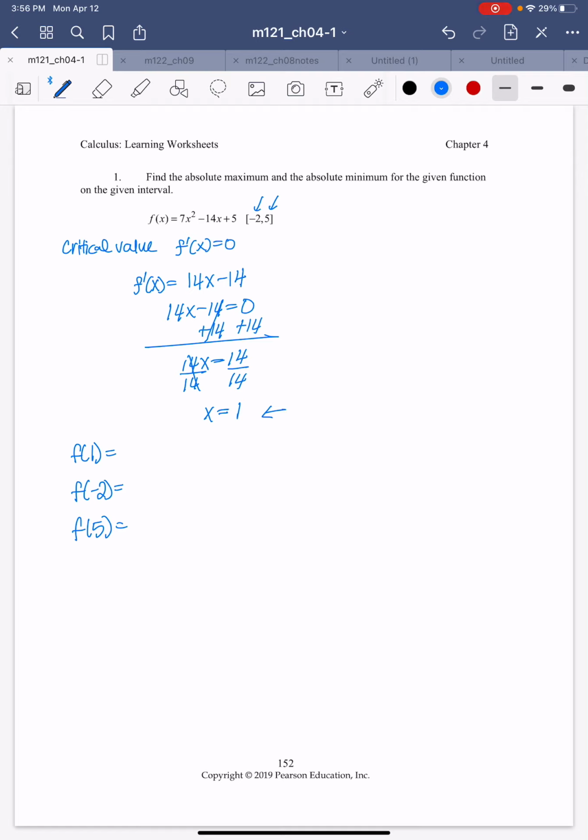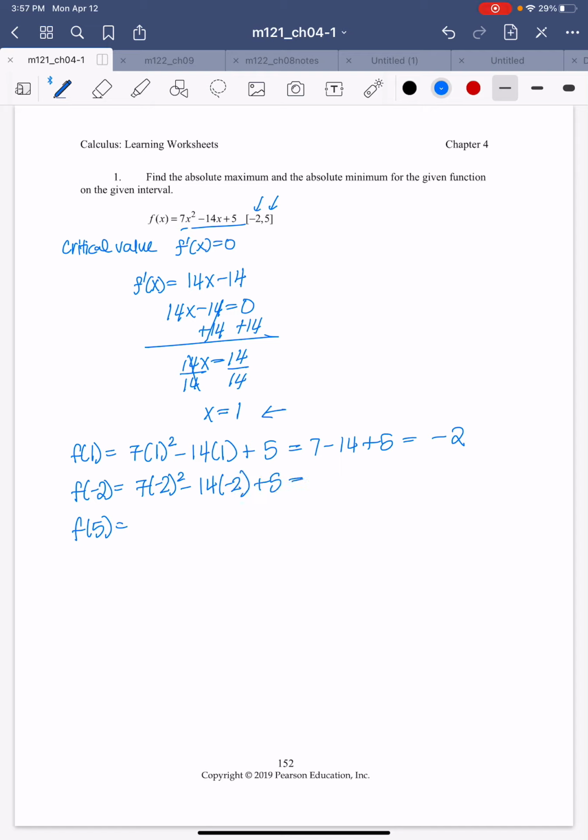So let's plug them in. f of 1 is 7x squared minus 14x plus 5, so that is 7 minus 14 plus 5. I get -2. If I plug in -2 into the original function, I get 7 times -2 squared minus 14 times -2 plus 5.